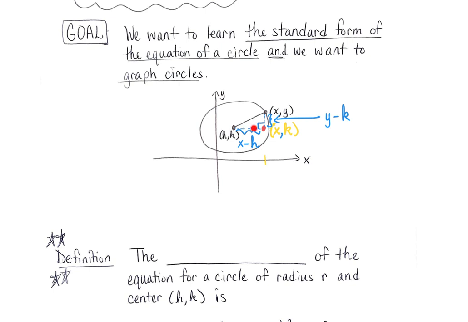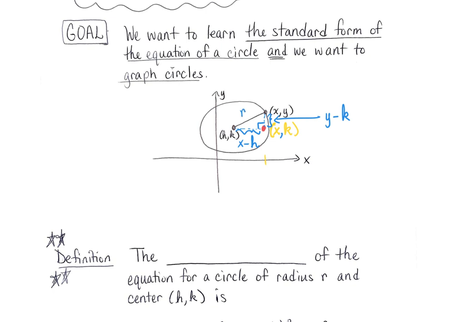So with this right triangle, we know by Pythagorean's theorem, if we want to figure out the distance from here to here of a circle, it is called our radius, which I'll spell out in a second. That's our radius r.